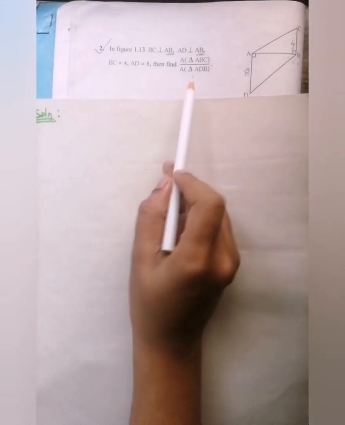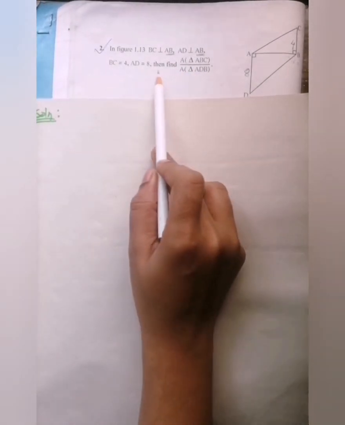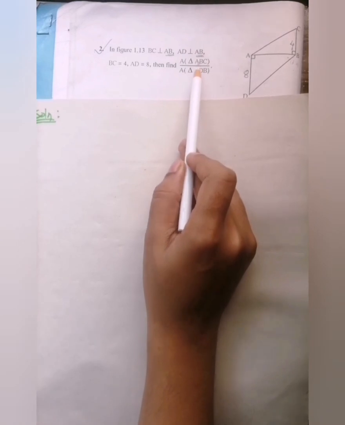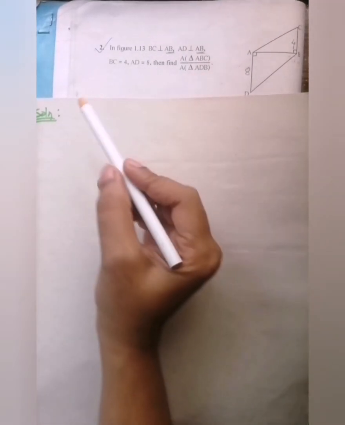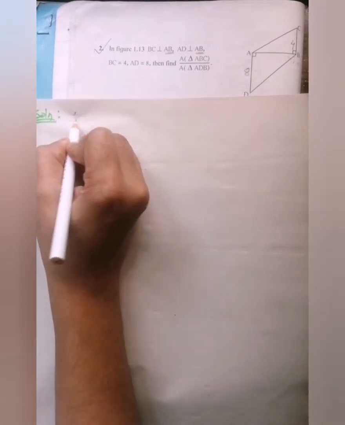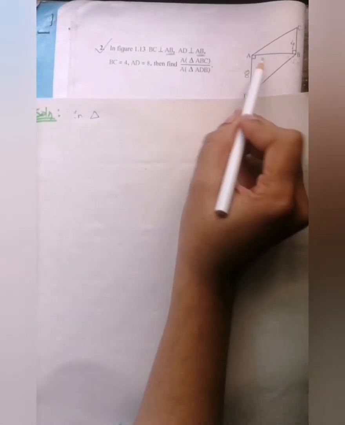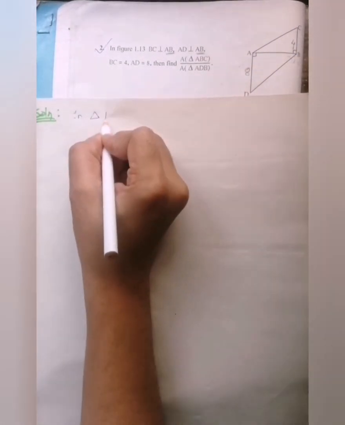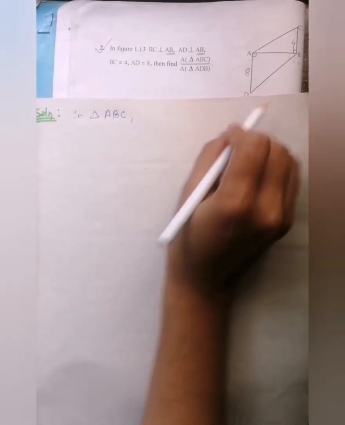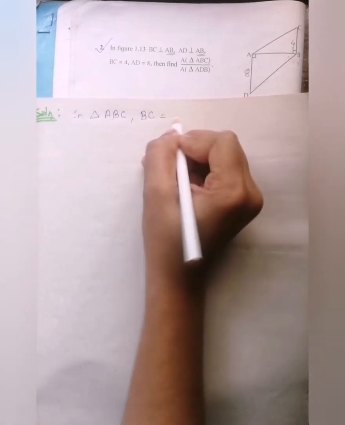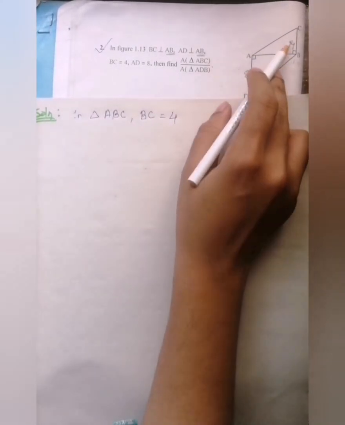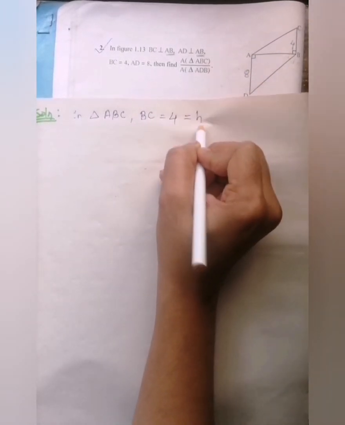So first, students, write down what is given and what we have to find out. We have to find their ratio, as we solved in the previous example. Write down: in triangle ABC, we have BC equal to 4. So BC is the height.